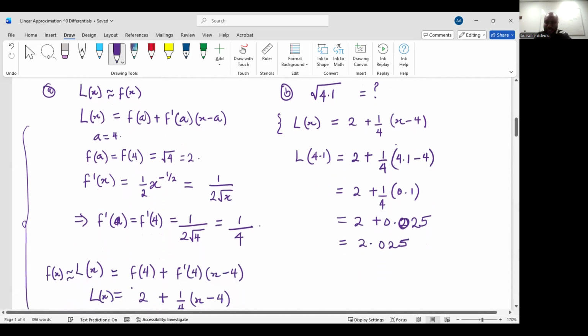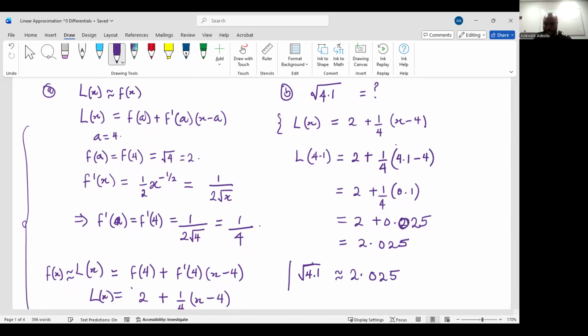So our claim is that, remember it is an approximation, the square root of 4.1 is approximately equal to 2.025. That is our answer.